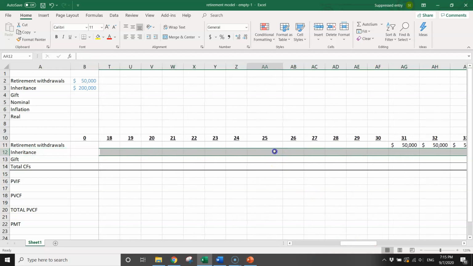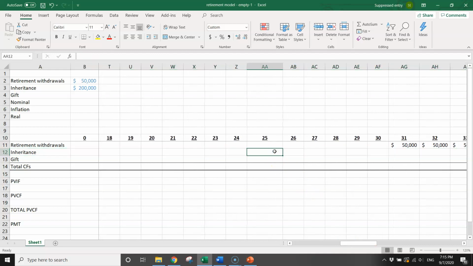So in year 25, the retirement account will receive an inheritance of $200,000. But here we have the opposite direction, so it will be minus the cell value of B3. Okay. Now let's see. So it will be minus $200,000 in year 25.